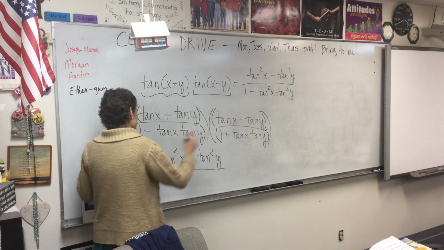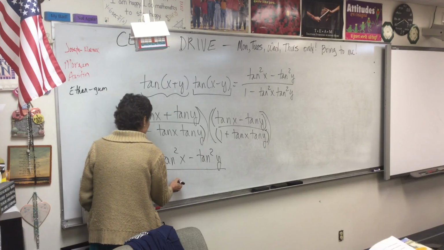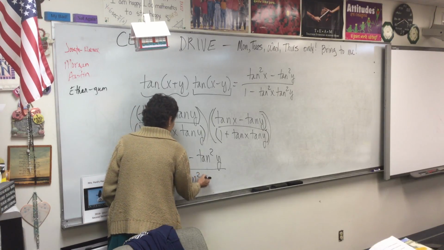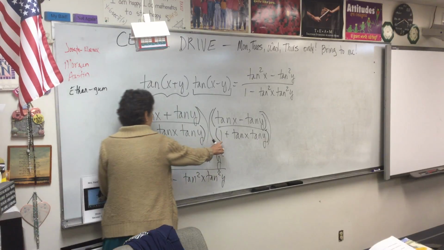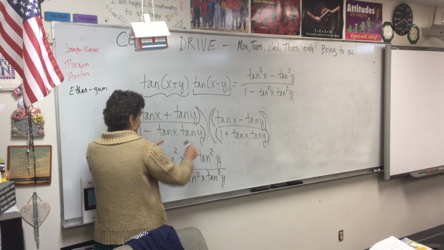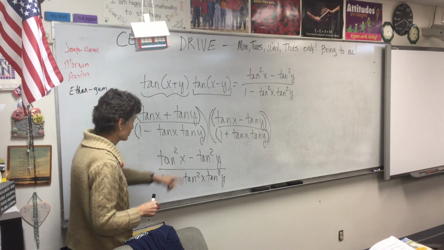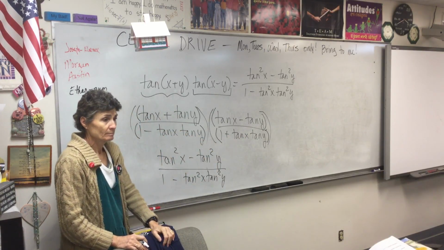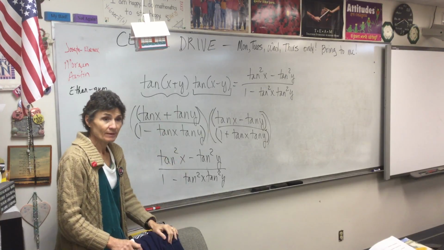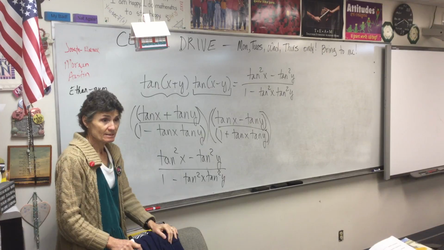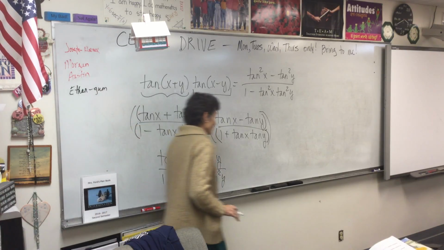So when I do that big FOIL, first, outside, inside, last, I'm going to end up with 1 minus tan squared x, tan squared y. 1 times 1, outsides and insides are going to cancel, and I'm going to have this time, last times last, which is going to give me that. And guess what? We're done. That was easy, wasn't it? Okay, so that homework problem's done.